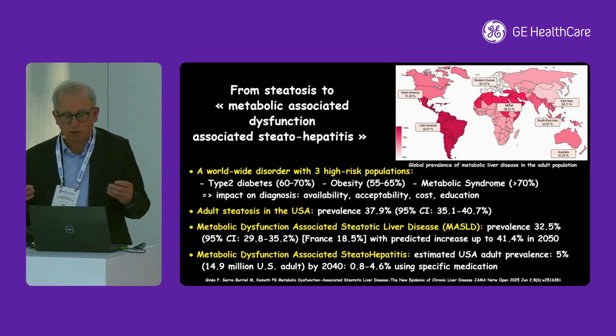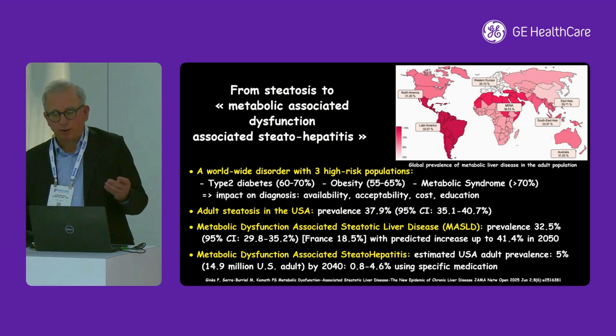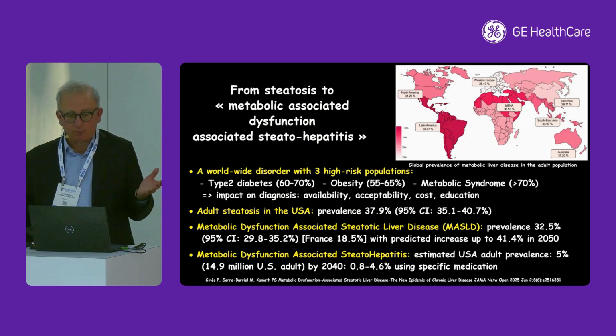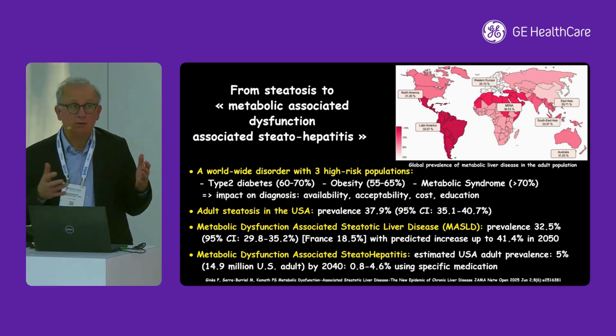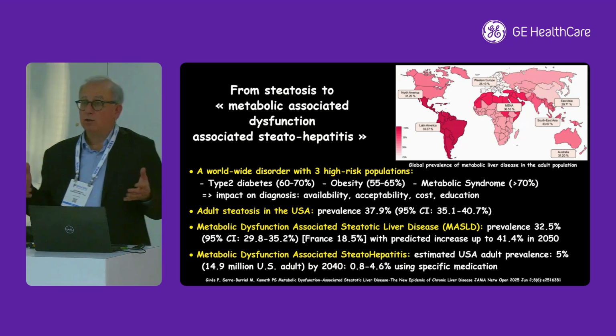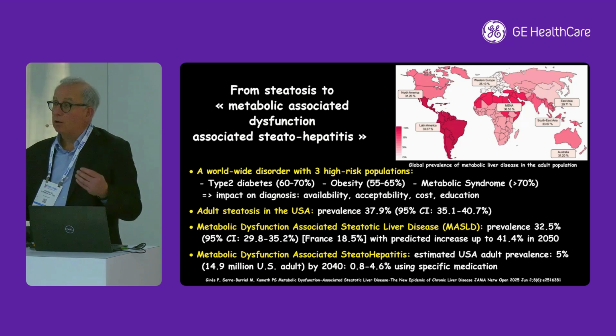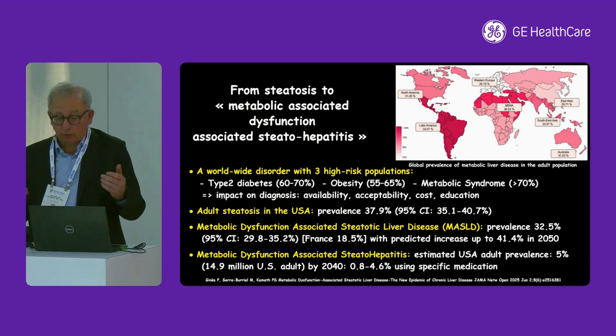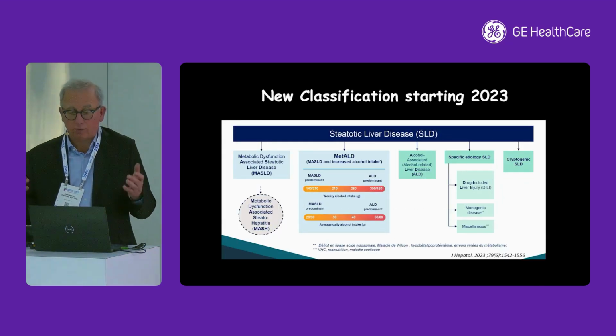Previously it was NASH, and the estimated prevalence in adults is 5%. But because of the very recent change and new medication, we expect the number to remain identical or even to get lower. And that's a major impact.